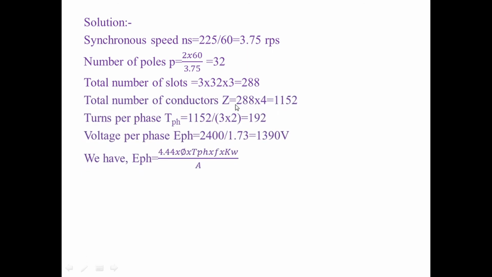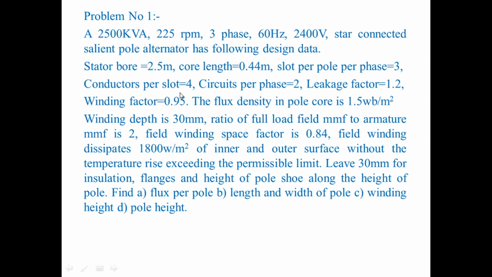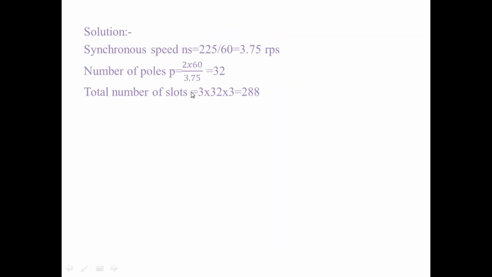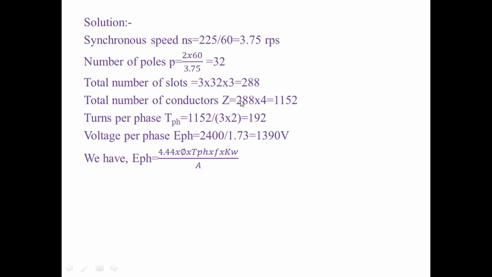Total number of conductors Z is equal to 288 into 4, since in the problem it is given that conductors per slot is 4. So you will be getting 1152.